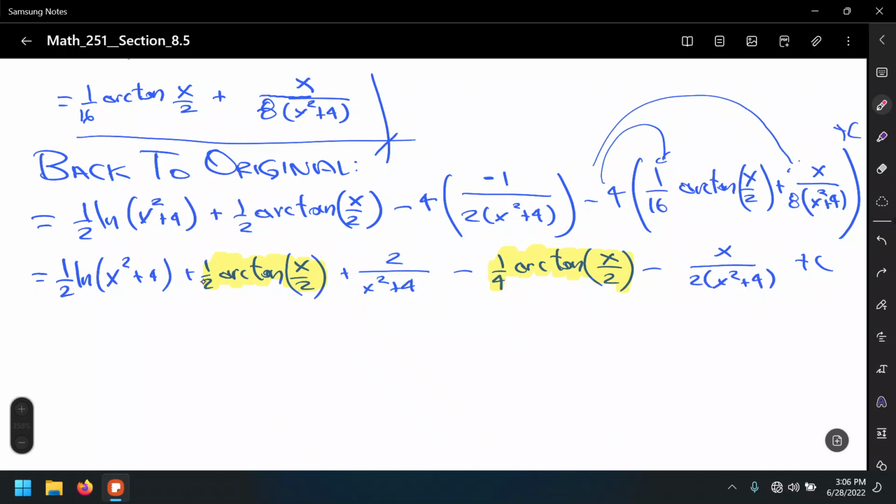Alright, so what's 1/2 minus 1/4? Wouldn't it be 4 minus x? 4 minus x, oh yes, we can do it, why not? That's true, because we will end up with the same denominator, and that's a 4 minus x, right? Then we can put them together more compact. Sure, that works. That's 1/2 ln x squared plus 4, and a half minus a fourth, isn't that a fourth?